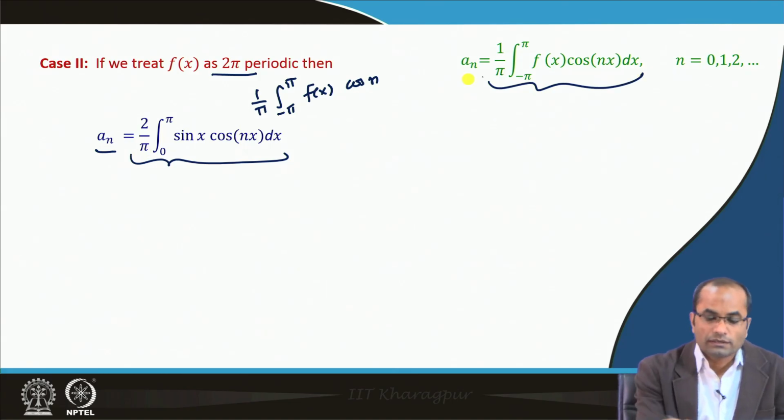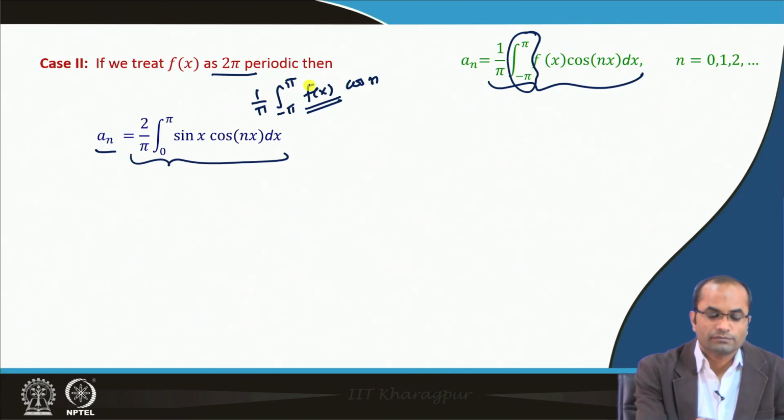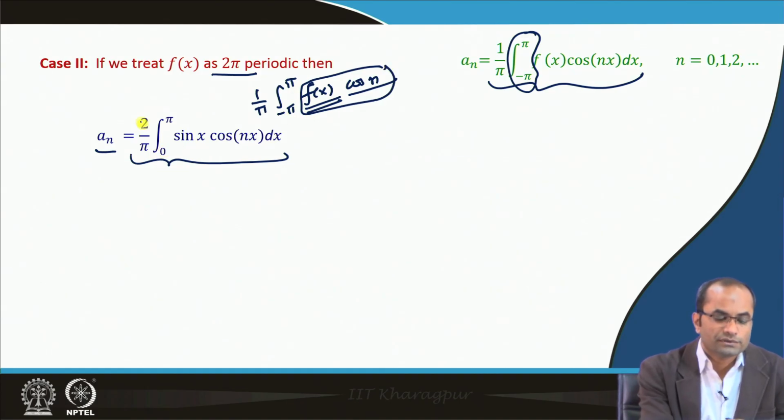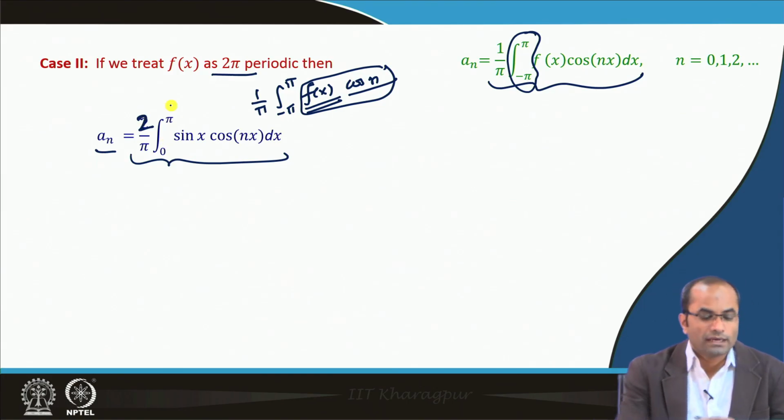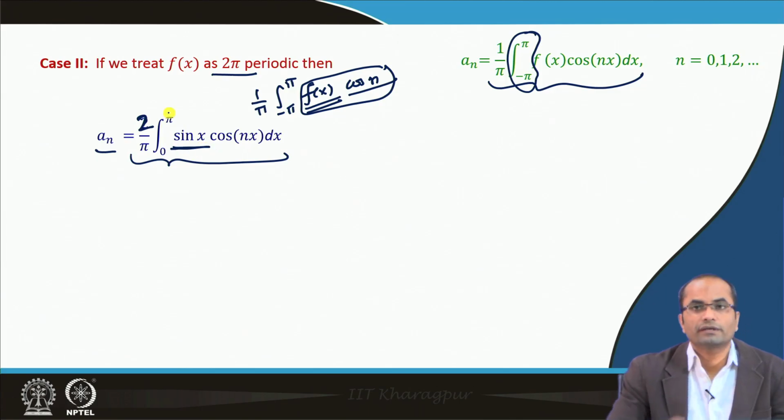So, this is from minus pi to pi, and when we are talking about f(x), it is an even function, and then cos nx is also an even function. So, the integrand is even, and then we can write 2 times, integral 0 to pi, and then we have the function here, but now in 0 to pi the function is positive.